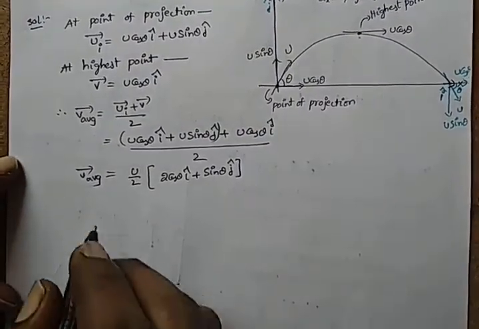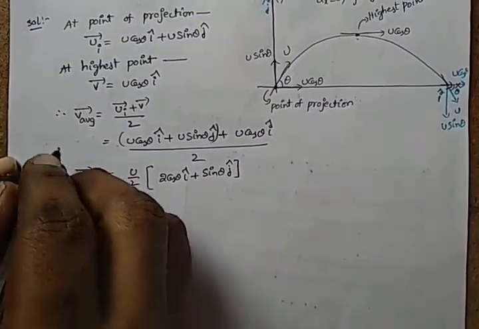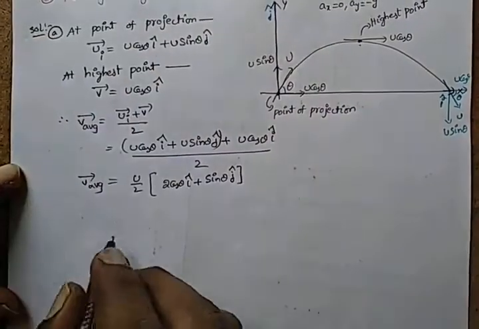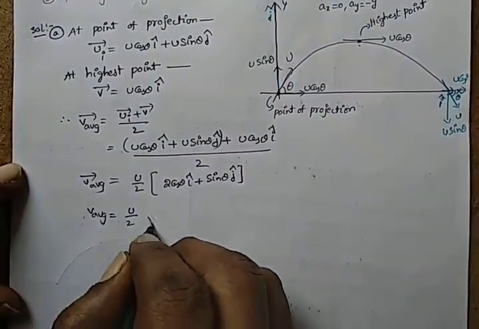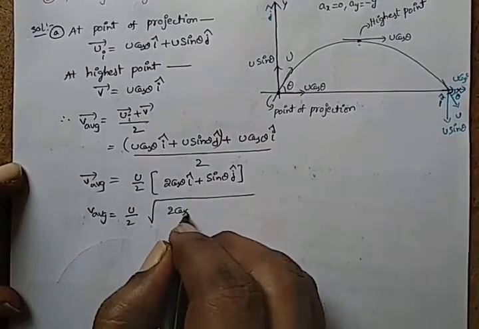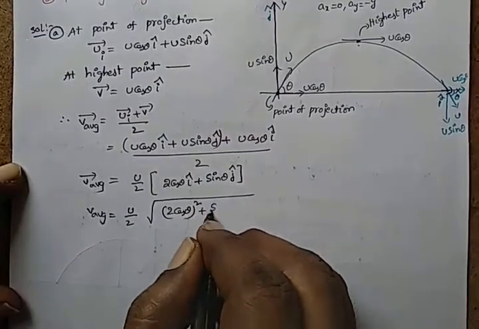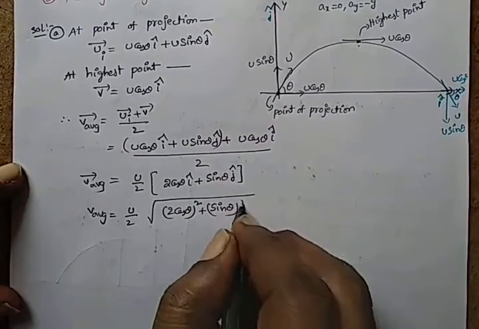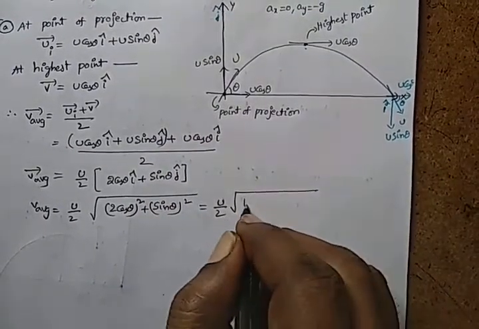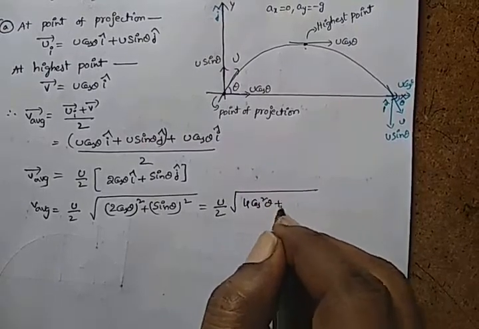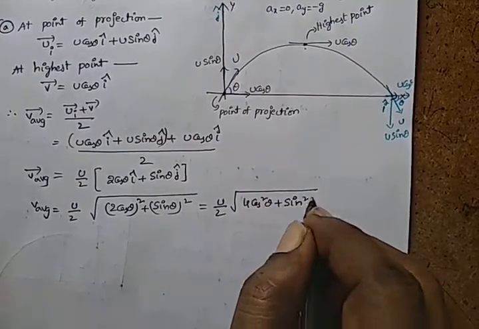But here we want to measure magnitude of average velocity. So which is given by u by 2 into square root of (2 cos theta) whole square plus (sin theta) whole square. So that is equal to u by 2 into square root of 4 cos square theta plus sin square theta.